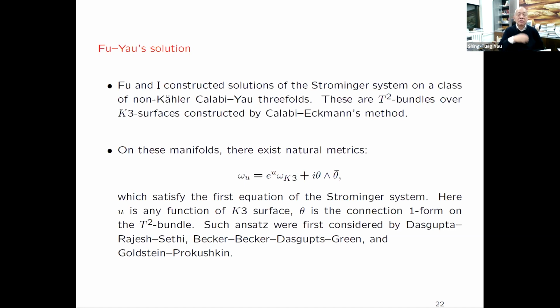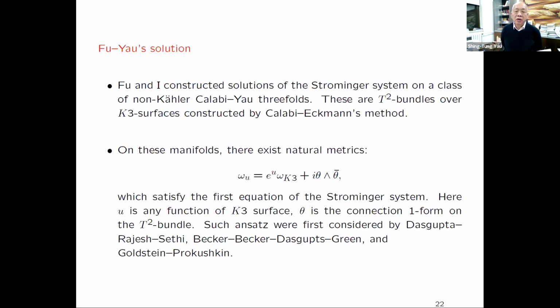This was first pointed out by the physicists, but they did not know how to solve this problem at all. They found out these are interesting potential manifolds of interest. But then we immediately found that the Strominger system is very well suited for this class of manifolds.